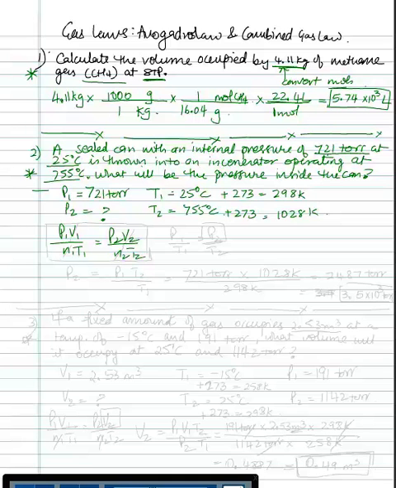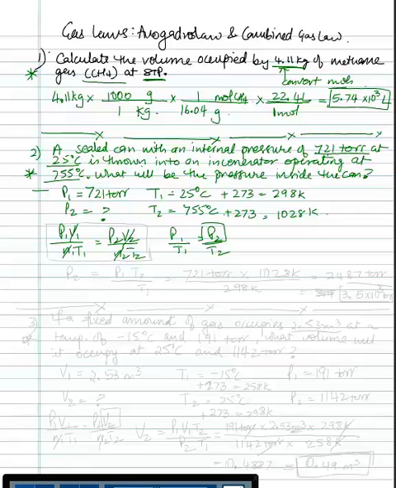The number of moles is constant in this case, and since we're dealing with a sealed can, the volume is also constant. So the equation we need is P1 over T1 equals P2 over T2, and we are calculating P2.